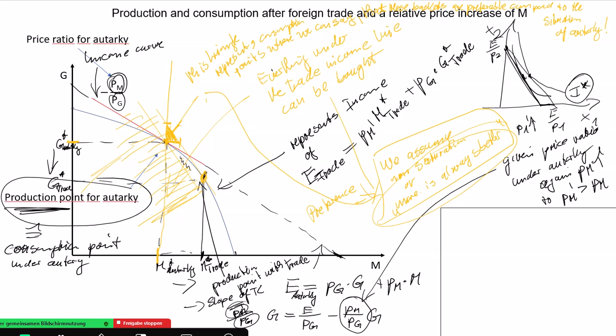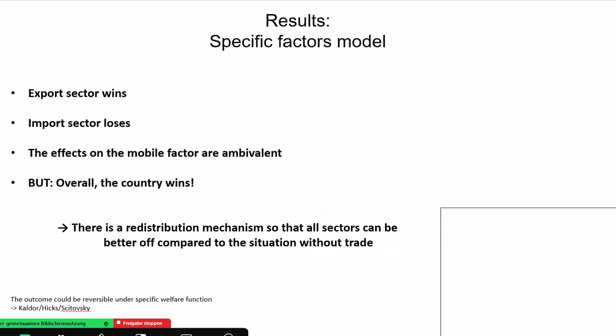Well, and this we now have to interpret economically. This means after trade, at first there are losers, but we know due to our larger consumption points that we now have another income. We can say there is a transfer mechanism so that the winners of the export sector can give up a little bit from their winning part.